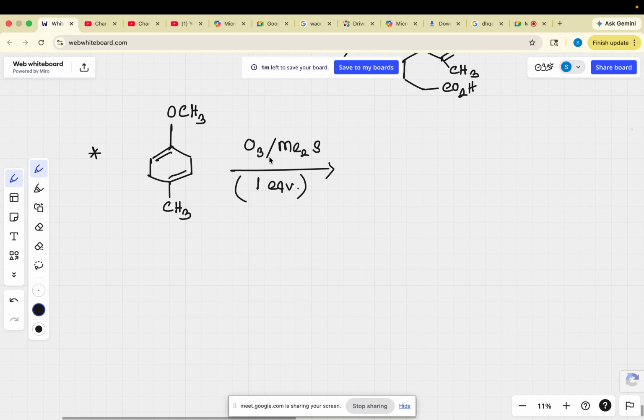Sir, ozone will react with the most electron rich double bond. That is present next to OCH3.